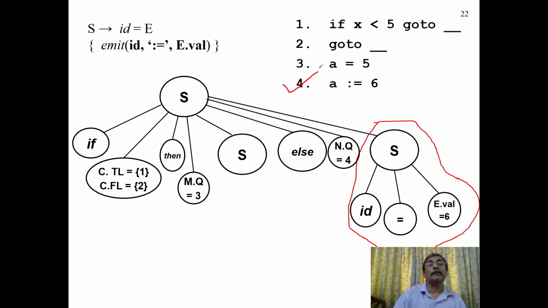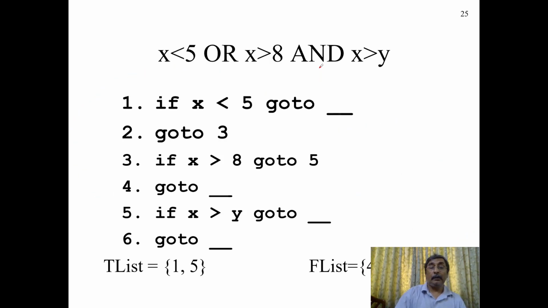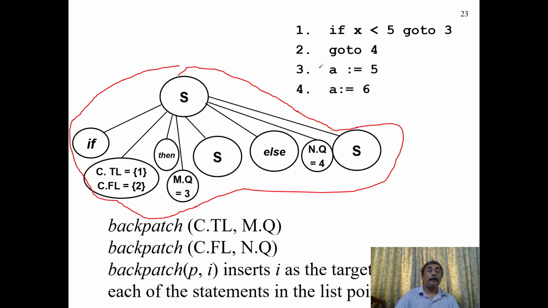Where should I go in case my condition is true? So what are the line numbers where there are incomplete go-tos for such a question? The question is where should the control go in case the condition x less than 5 is true. So that's line number 1.